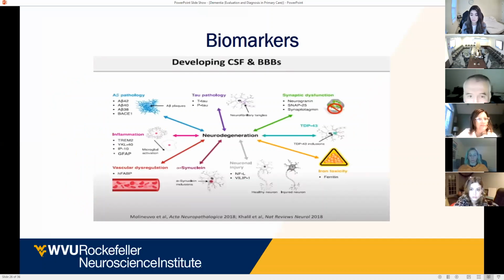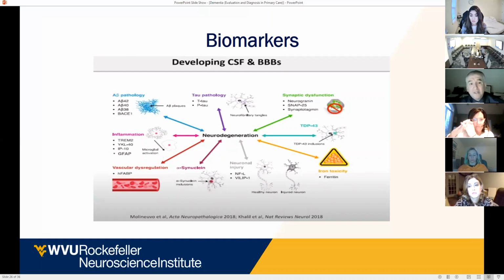This is probably beyond what primary care providers need to know about the diagnosis of dementia, but I just want to mention a couple of things because this is breaking ground in how we're making the diagnosis of dementia. We're using biomarkers. These can help you to make the proper diagnosis, and they are being used in memory clinics and tertiary centers.